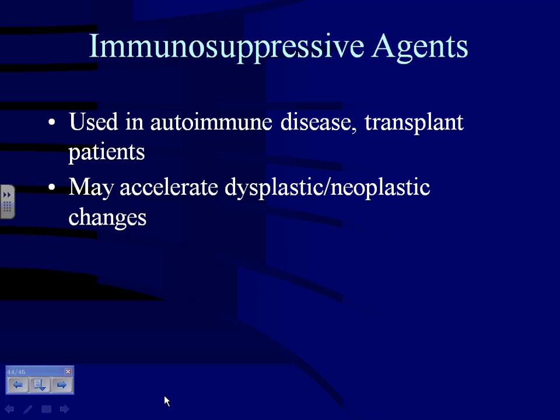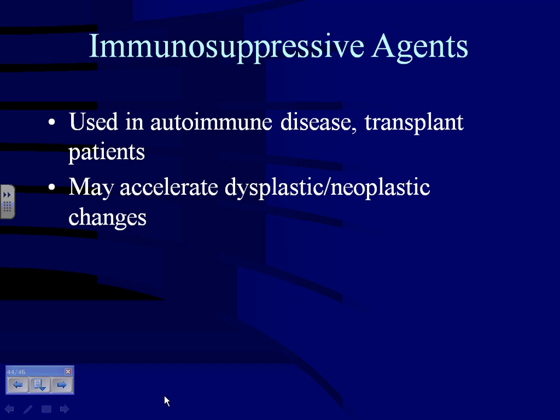Immunosuppressive agents are used in autoimmune disease and transplant patients. Actually, patients on immunosuppressive agents are not only at risk for infections, opportunistic infections, but they're also at risk for accelerating their dysplastic and neoplastic changes. For instance, an example is patients who are HIV positive. Any patient who's HIV positive is considered immunosuppressed.